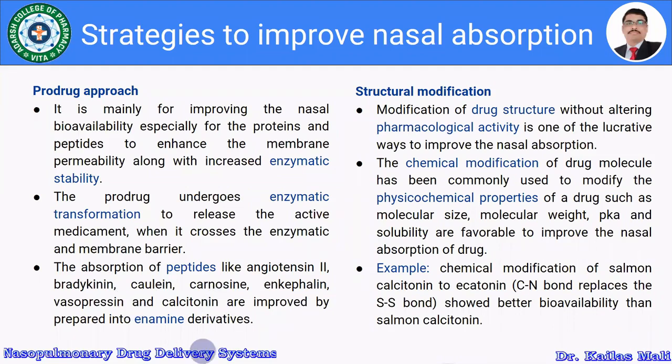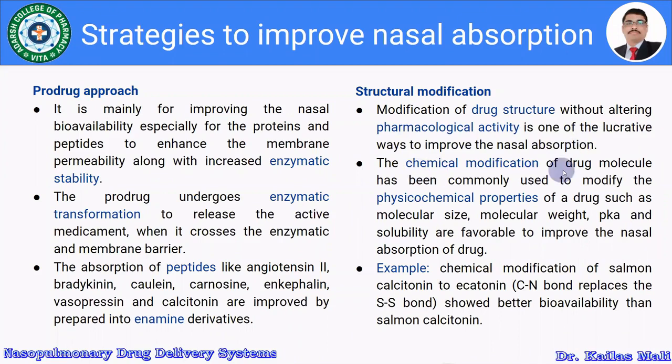Let us see the structural modification. In the case of structural modification, here is modification of drug structure without altering pharmacological activity. It is one of the lucrative ways to improve nasal absorption.